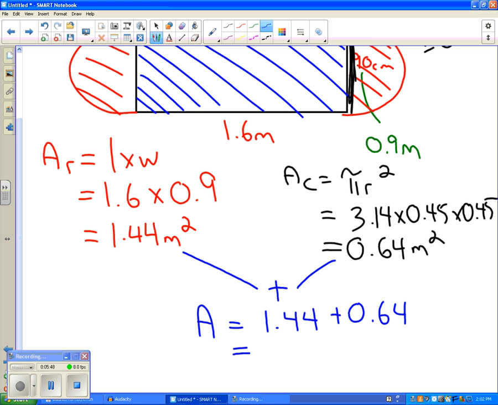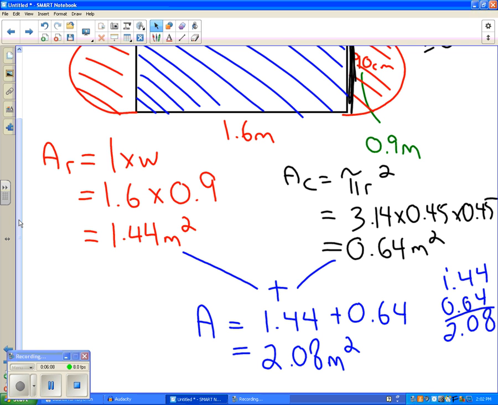What are we going to get here? Let's do some scratch math over here. We're going to get 2.08 meters squared. So that's how we do composite shapes for area with circles.